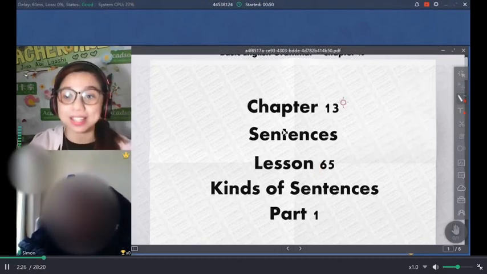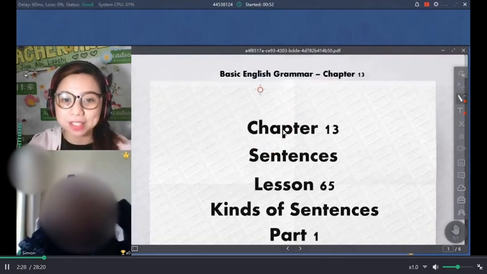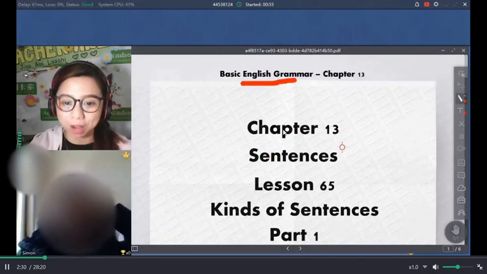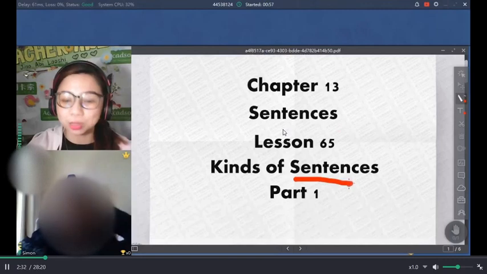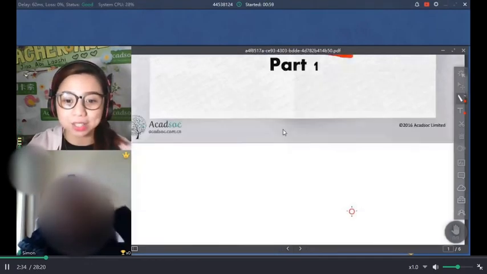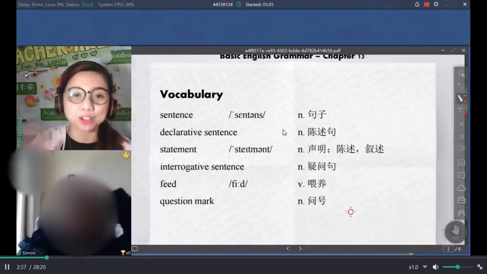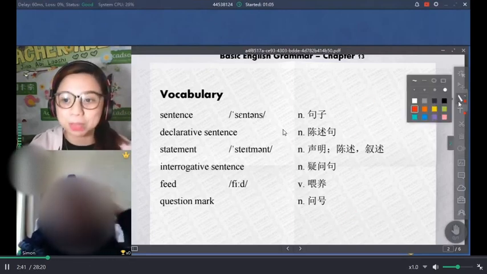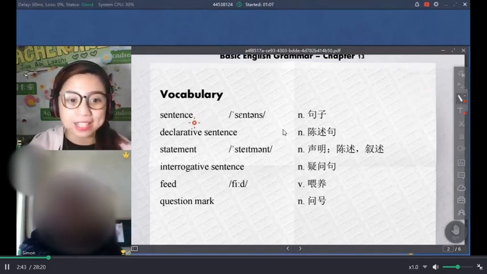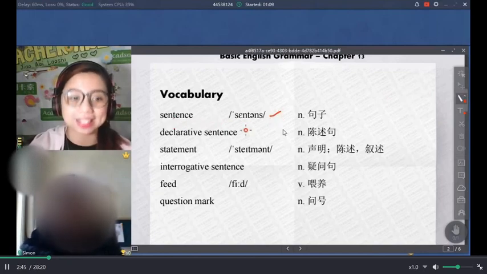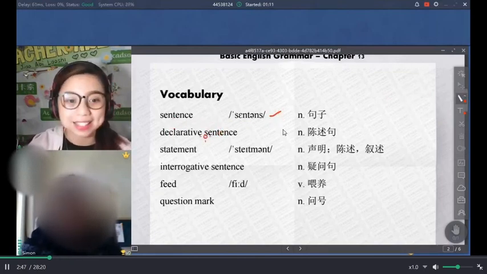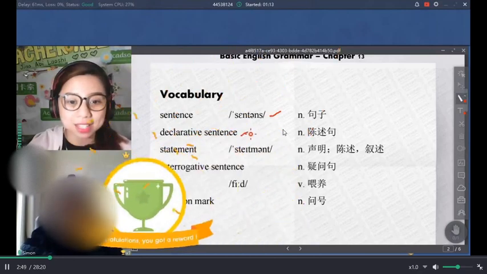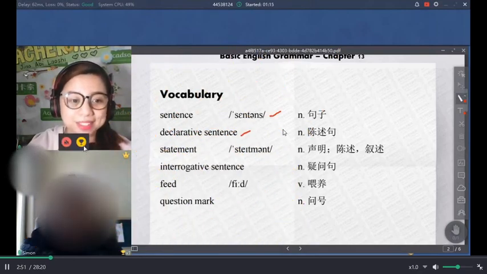So, as I said, you will have this lesson. It's basic English grammar, and we are going to learn kinds of sentences. First, we will start with the words. Please repeat each word after me. Sentence. Declarative sentence. Declarative sentence.